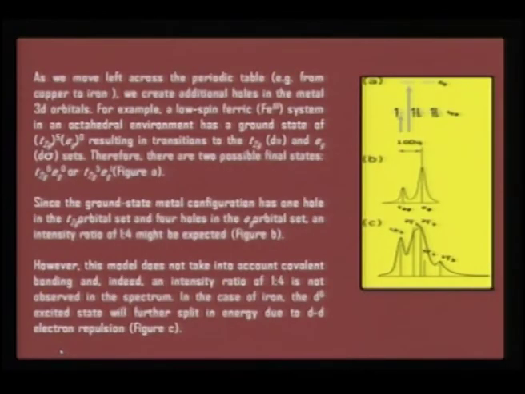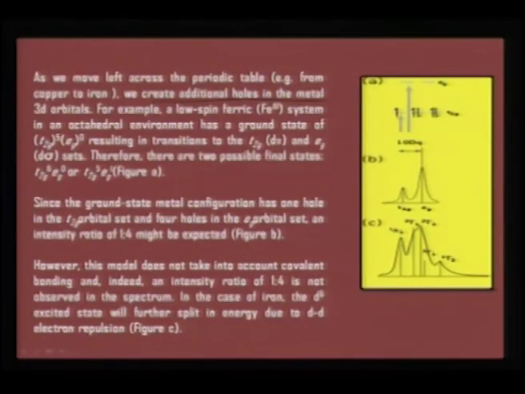As we move across the periodic table from copper, going to the left across the period, we create additional holes in the metal 3d orbitals. Let us take the case of iron, low spin Fe(III), which is t2g5 eg0, and therefore this is your ground state.